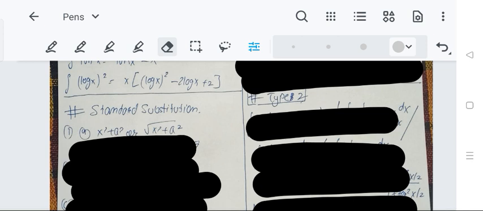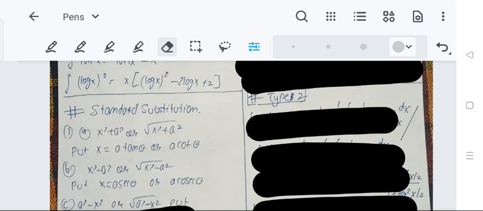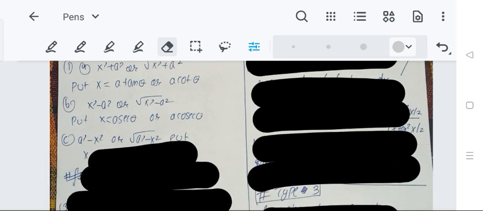First, if our question contains terms like x square plus a square, or root of x square plus a square, then put x is equal to a tan theta or x is equal to a cot theta. If our terms contain x square minus a square or root of x square minus a square, then put x is equal to a sec theta or a cosec theta.